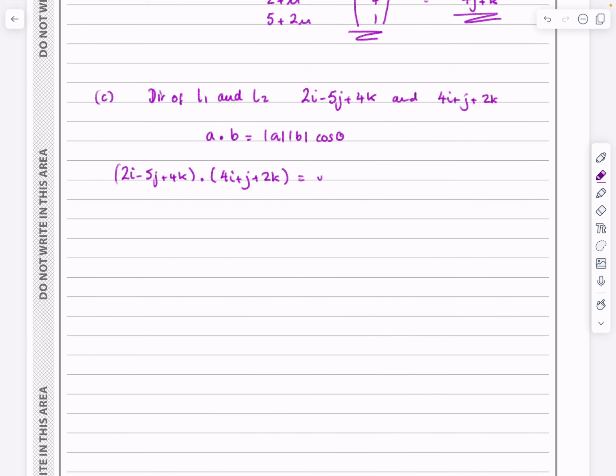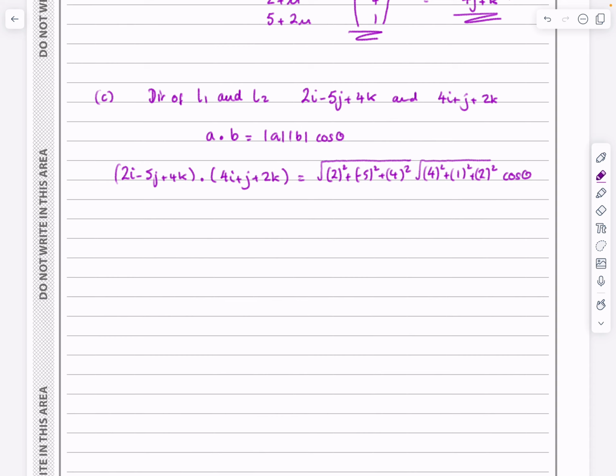That's equal to the modulus of A, which is the square root of 2 squared plus, just be careful when you're doing all this. It's so easy to make a mistake copying things down or forgetting a square root sign, anything like that. 4 squared, 1 squared, 2 squared there, cos theta.